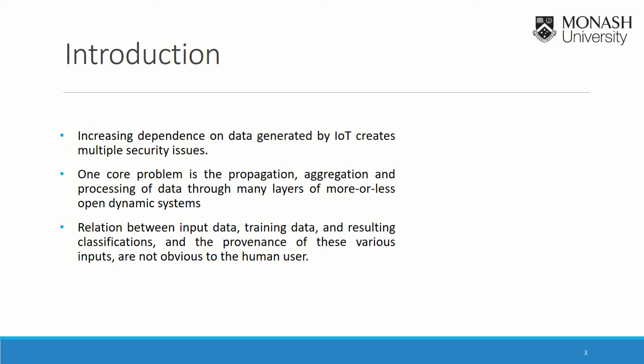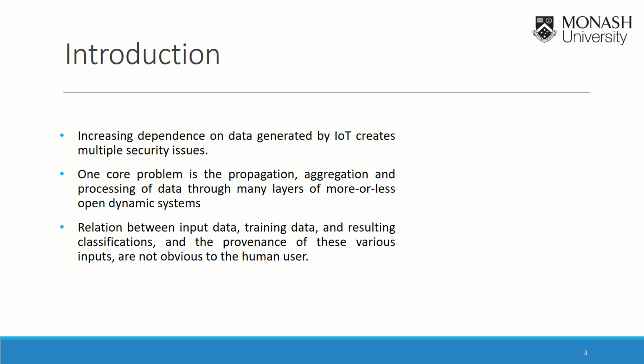The Internet of Things continues to gain popularity in various sectors. For example, in smart cities, smart transportation, and smart healthcare applications. But the amount of data generated from various sensors, actuators, and smart objects is continuously increasing as well.